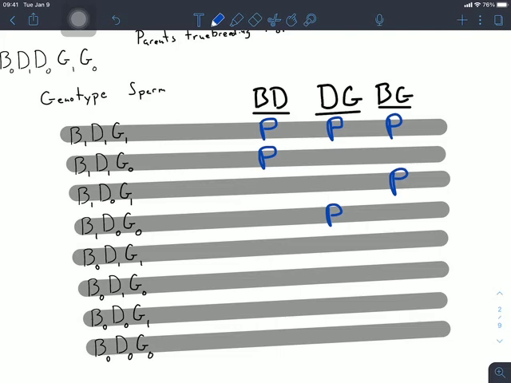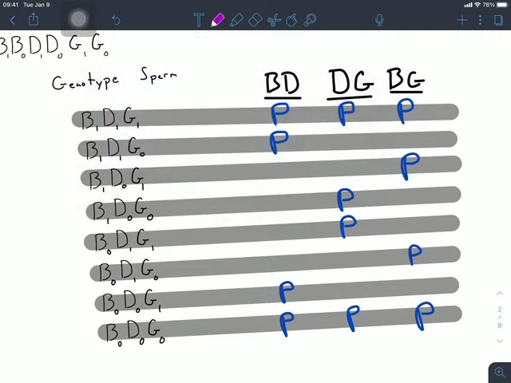After that, we've got parental between D and G again, then parental between B and G, sorry, not D and G, and then parental between B and D, and then our last one here is parental for all three types because they're all zeros.